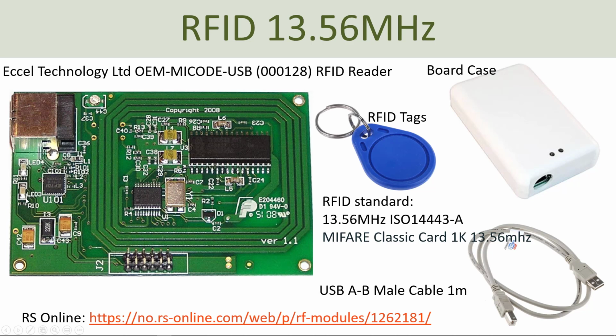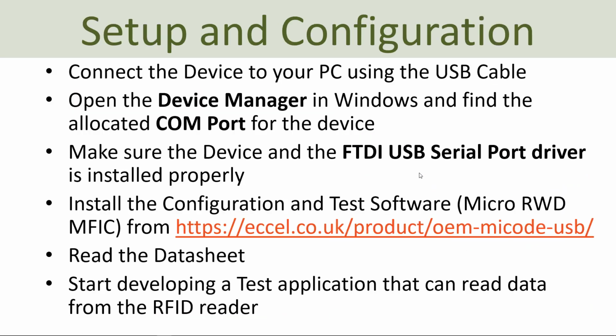So I have this device. I have different RFID tags which I will use to demonstrate this system. Basically you connect this device to your computer using a USB cable as the previous system. You open the device manager to find the COM port that is allocated for this system, and you can use the device manager to see if the device is installed properly.